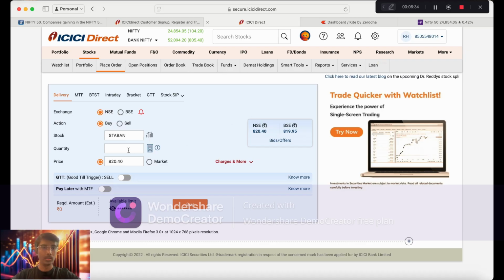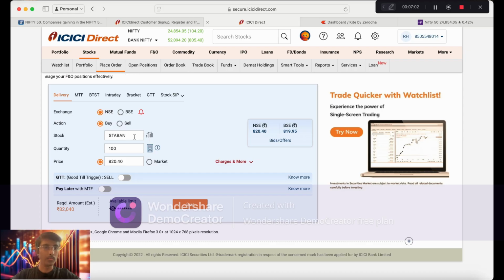If you want to buy one stock, you have to give 820.40 rupees. If you want to buy 100 stocks, you have to give 82,040 rupees. If you have 82,040 rupees in your account, you can happily buy this State Bank of India stock.